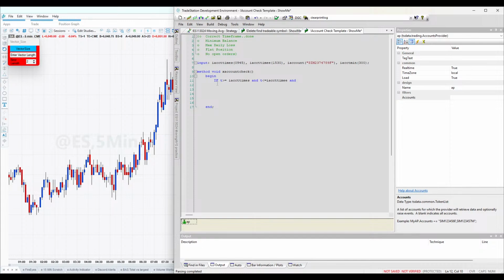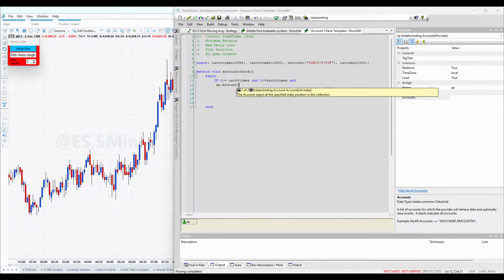So to now reference the accounts provider, we just type AP dot account, and you really need to figure out which account you're on. You either hit the square bracket, and then you see there's one of two. One of two is talking about the index, so you're going to have a list of accounts: account 0, 1, 2, 3, whatever the case may be.